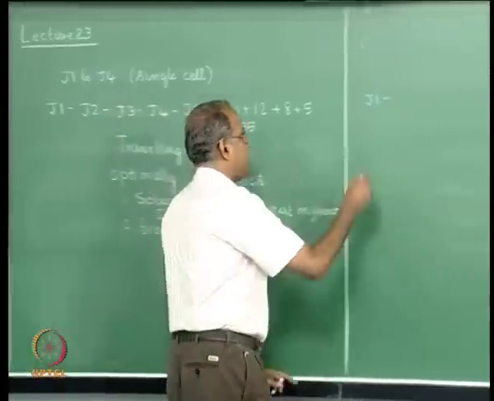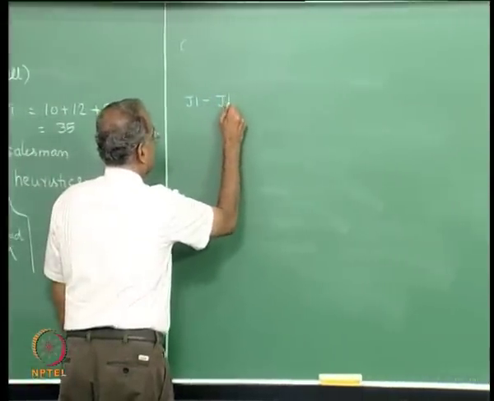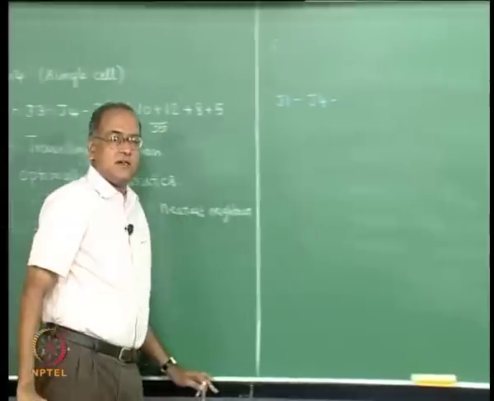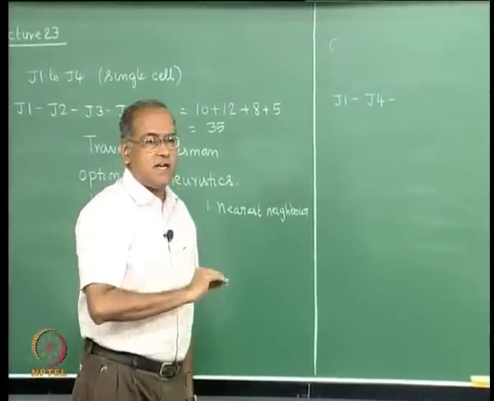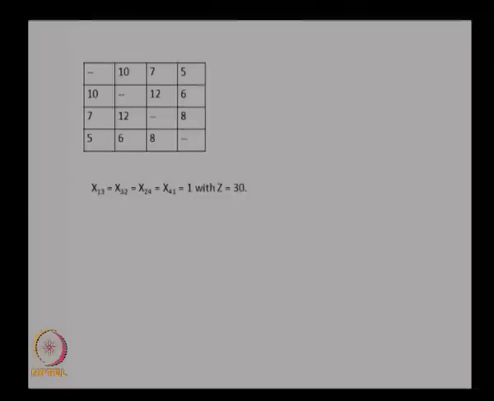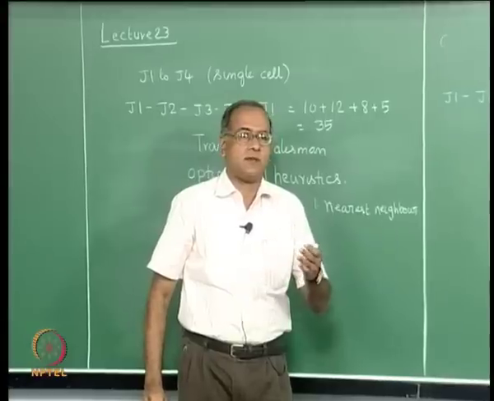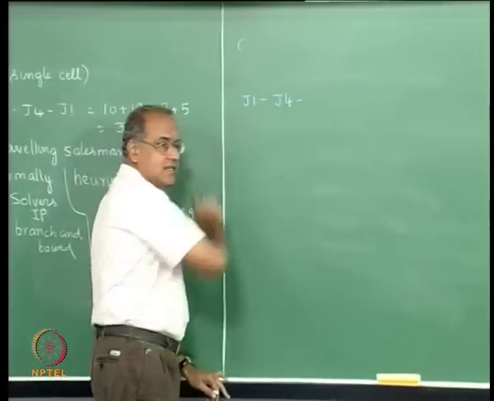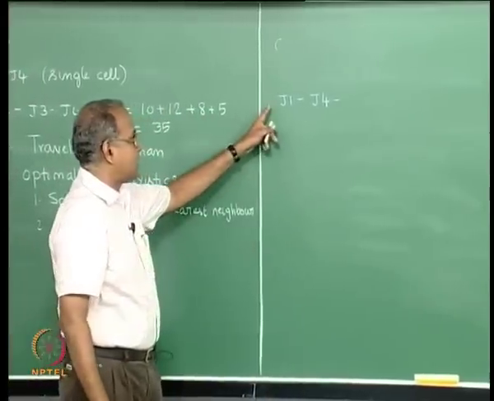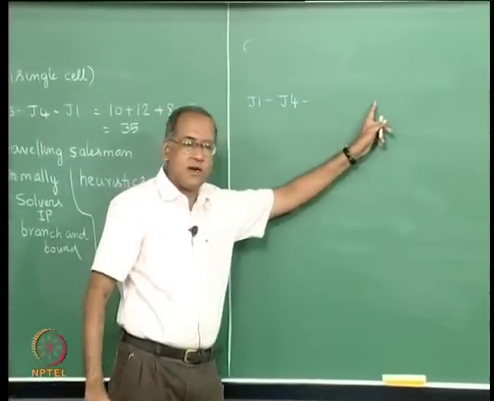So, from J1 we can change over to J4, which has the minimum changeover time of 5. Now, from J4 we look at the 4th row and we realize that once again J1 is the one that has the minimum changeover, but J1 is already there in the sequence and J1 can come only at the last one again.